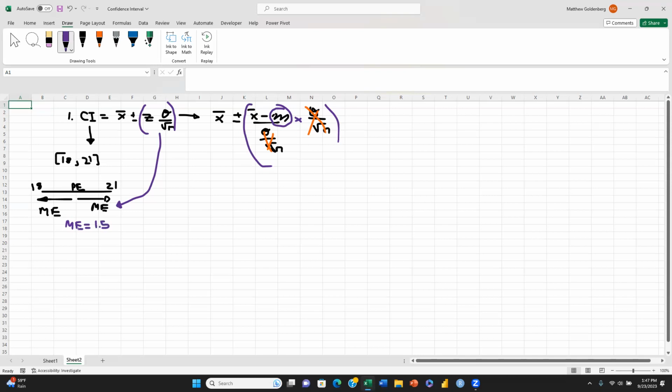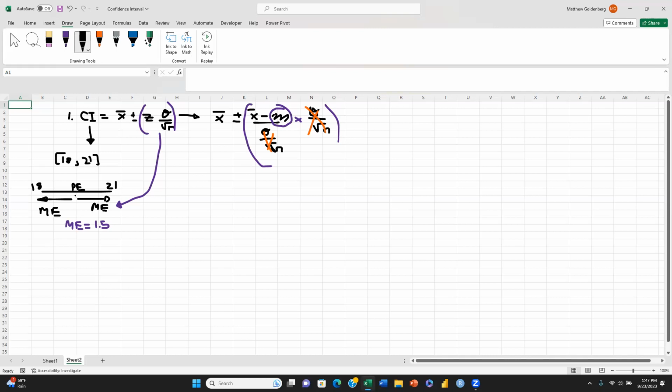So what I want to stress is that if you have a confidence interval predicting the population mean, say GPAs range from 2.0 to 4, or the count of people taking the final stats exam ranges from 18 to 21, you can always find the margin of error.